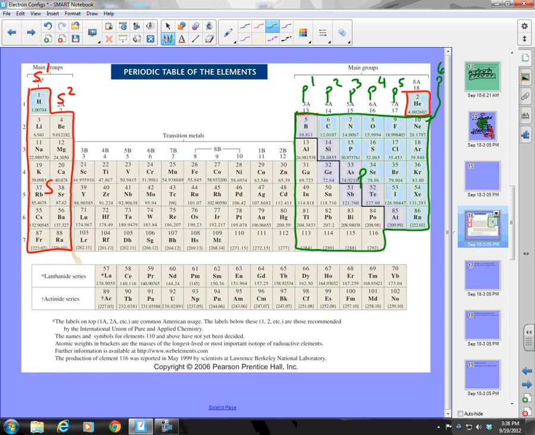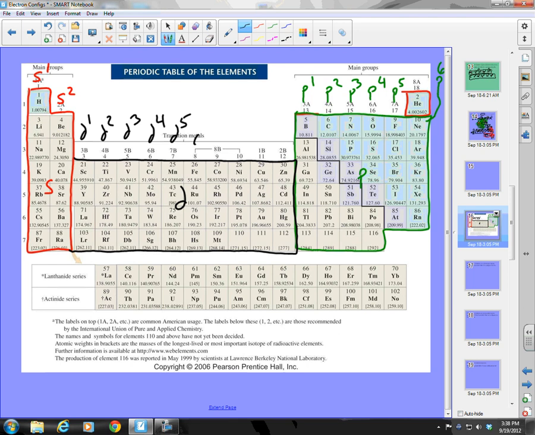Good. New color? Let's go with black. Right in the middle. Put a big block right here in the middle. And we're going to put a D in the middle, and that's our D block. And we say this is D1, D2, D3, D4, D5, D6, D7, D8, D9, and D10.